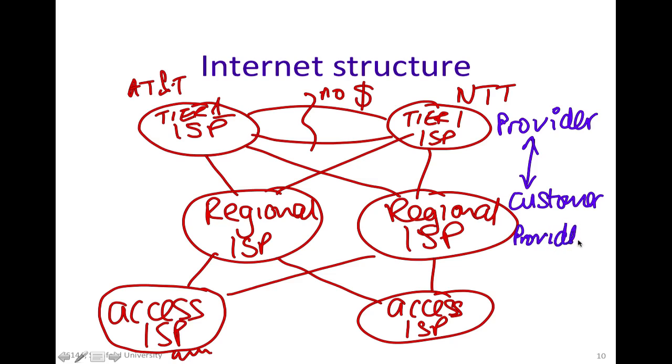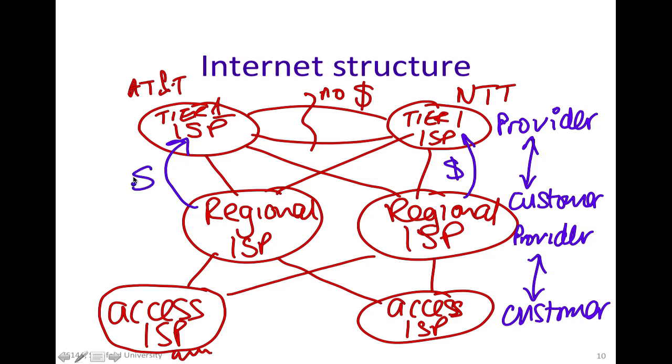And generally, the provider will charge the customer. So in order to send packets from the regional to the Tier 1, money is charged, a settlement charge. Generally, they keep track of all the data that's sent over some period, like a month, and then they will settle after that time. So there would be money charged in that direction, but there's no money going in this direction across here.